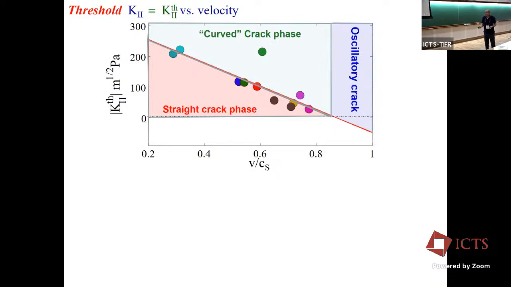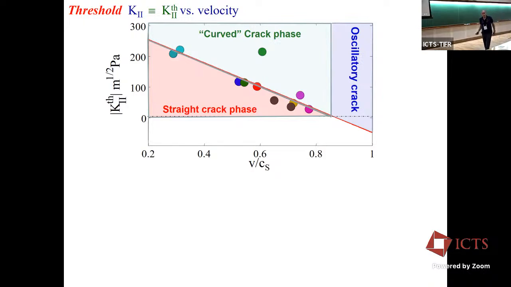Not only that, what did we see? The amount of K2 that we need to trigger a microbranching bifurcation goes to 0 exactly where we see the onset of the oscillatory instability.